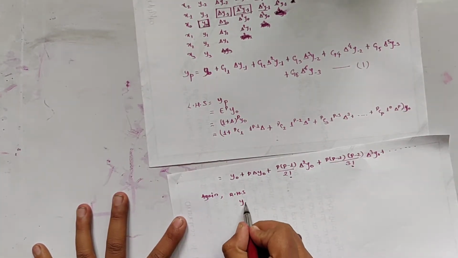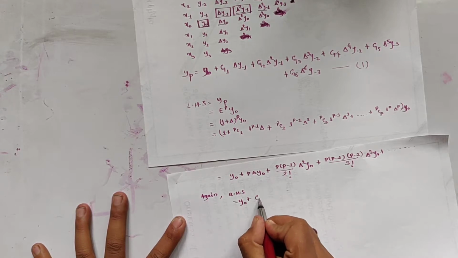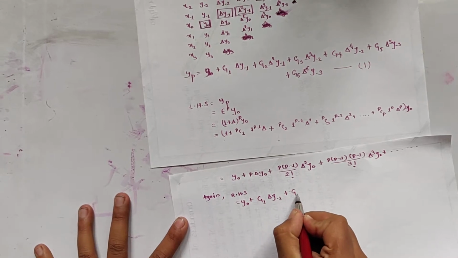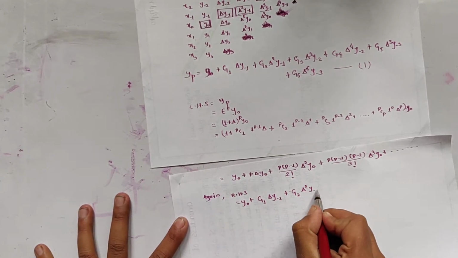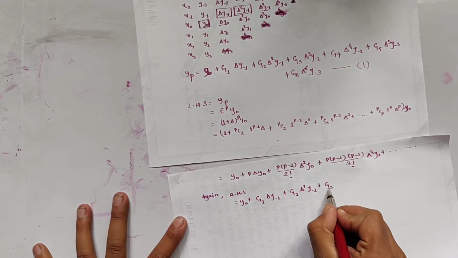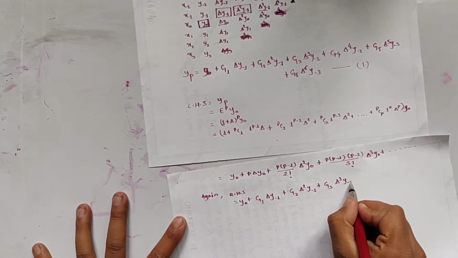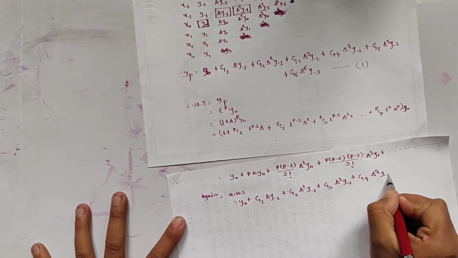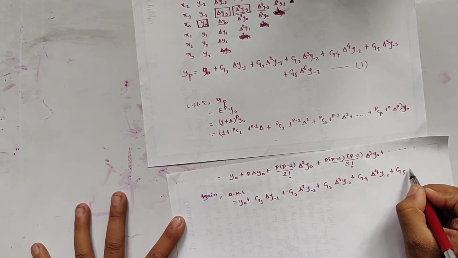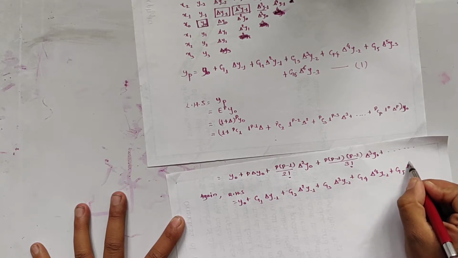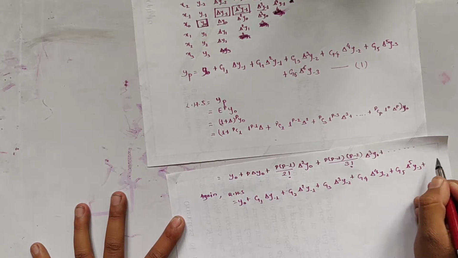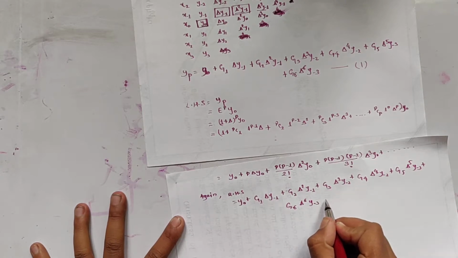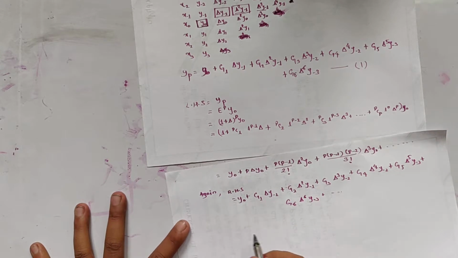It was y naught plus g1 delta y minus 1 plus g2 delta square y minus 1 plus g3 delta cube y minus 2 plus g4 delta power 4 y minus 2 plus g5 delta power 5 y minus 3 plus g6 delta power 6 y minus 3 plus and so on. It was like this.